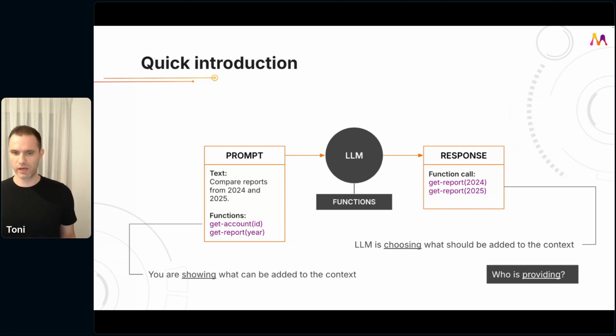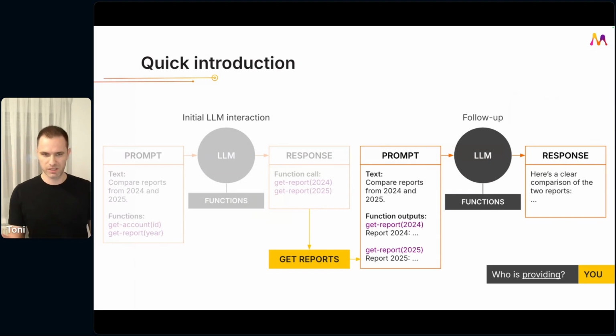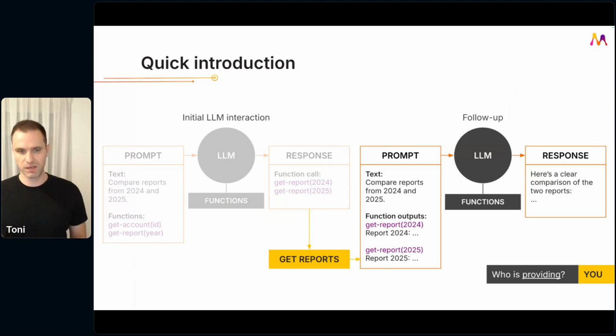Now the question is, okay, who is providing that? Who is actually implementing that part where you need to get that report and give it back? And it's actually you. So then it's not a simple interaction like the prompt and response. It becomes, as I said, a dialogue where you would then get those reports because the LLM asked for them.